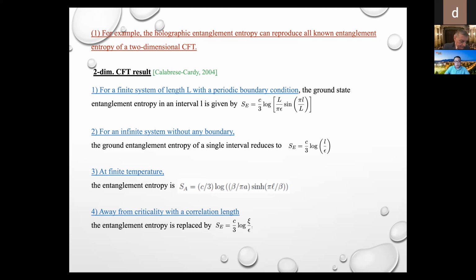As I mentioned, usually it is not easy to calculate entanglement entropy in the higher dimensional case, but in a holographic setup, we can easily calculate the holographic entanglement entropy even in the higher dimensional case. So holographic calculation is very useful when you investigate the entanglement entropy of higher dimensional theories.